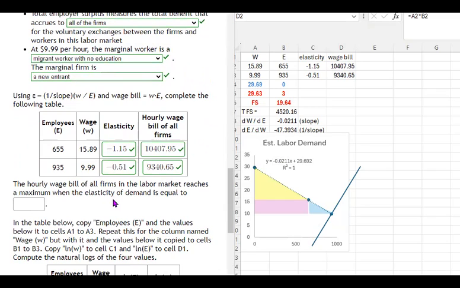The hourly wage bill of all firms in the labor market reaches a maximum when the elasticity is -1. So if we calculated the wage bills for each of these wages along this labor demand curve, we would draw a parabola that rises and then falls, right? And that wage bill would reach a maximum up here where the elasticity is -1.